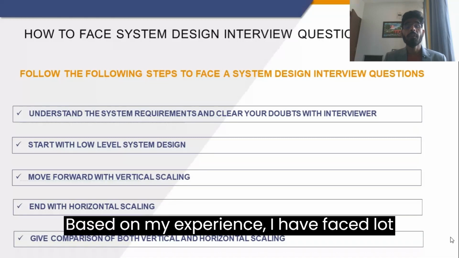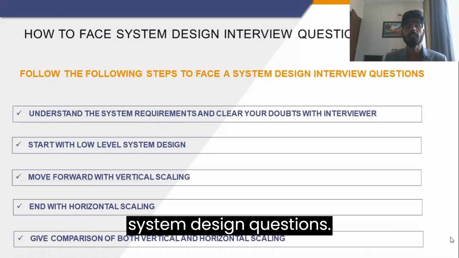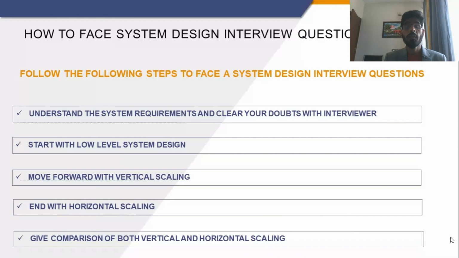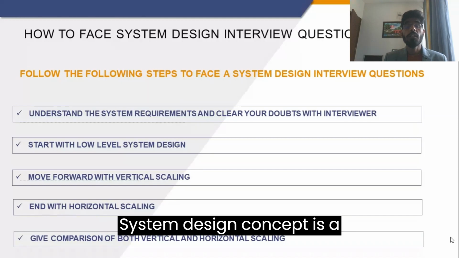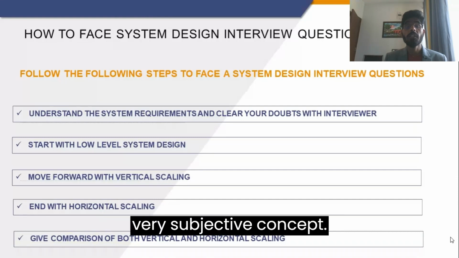Based on my experience, I have faced a lot of interviews with system design questions, so I am going to share certain tips with you. The system design concept is very vast and very subjective.